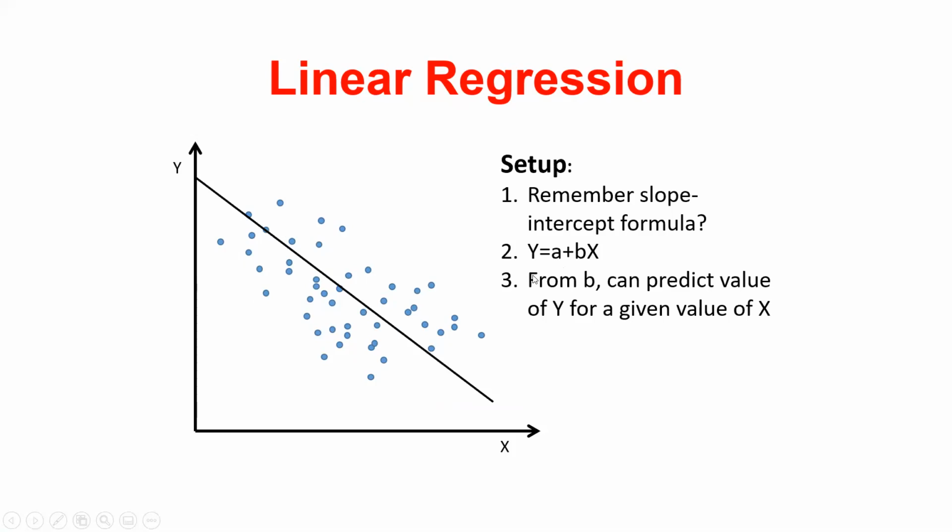So anytime we see a 1 unit increase in x, how much y changes is however much y falls in this example, right? Because we have a downward sloping line. So here we would think the value of b is going to be less than what value? We have a downward sloping line, b is negative, right? Less than 0. If we had an upward sloping line, the value for b would be positive, right?